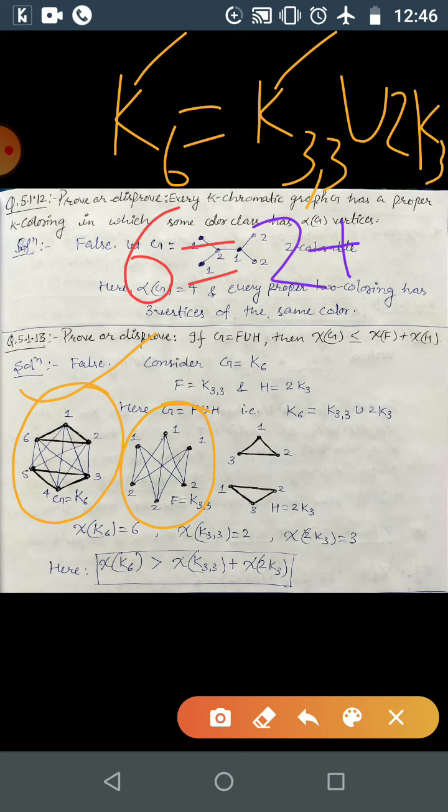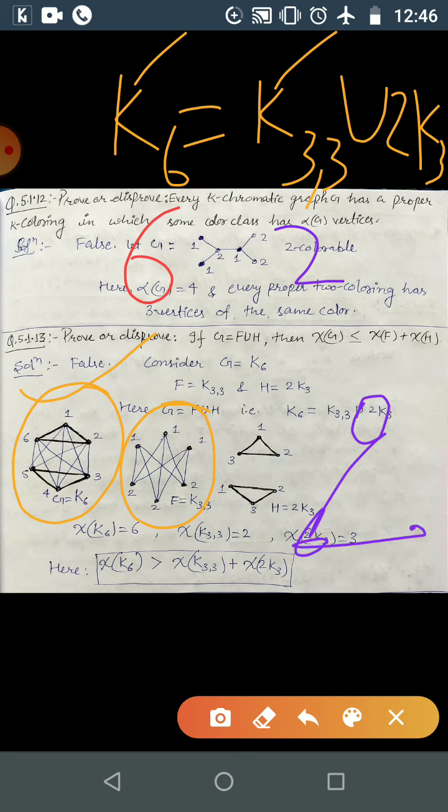Okay. So here the chromatic number is 2, and for 2K3, these are 2 components of K3. In one component you can use 3 different colors, and in the other you can use the same 3 colors.